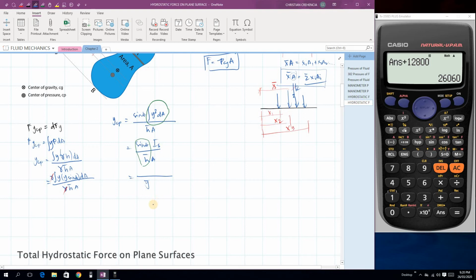Okay, so y is the inclined distance from the center of gravity. Okay, area, then the moment of inertia about the surface. It's easier if the moment of inertia we use is from the centroid.